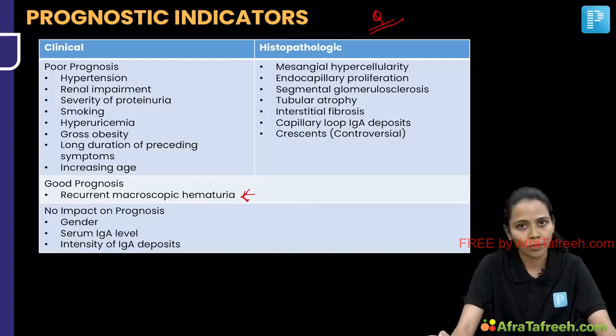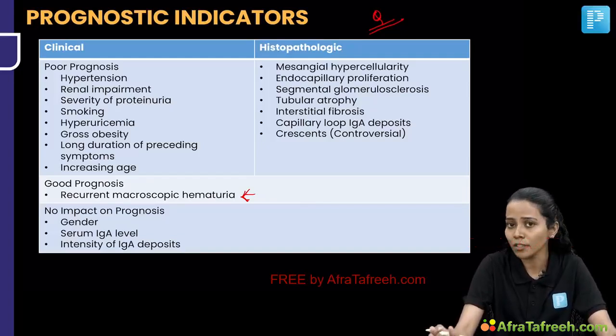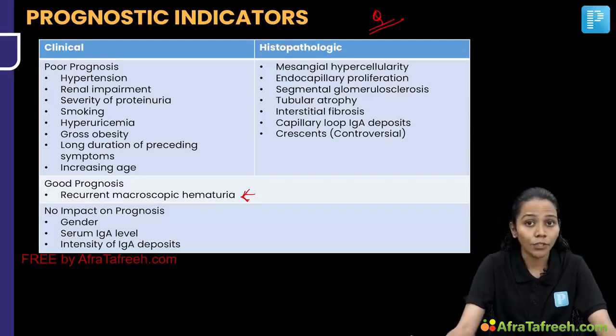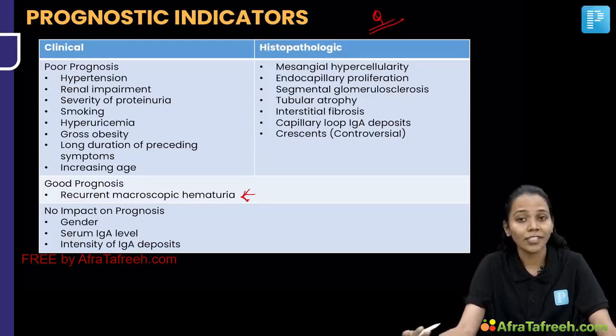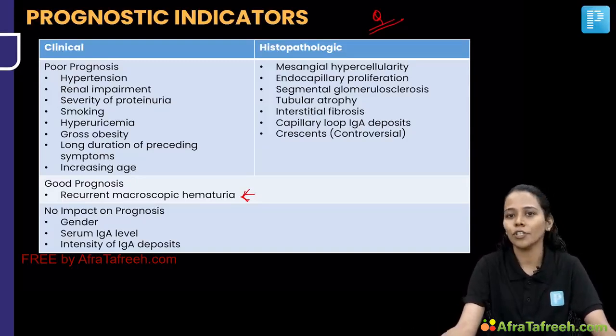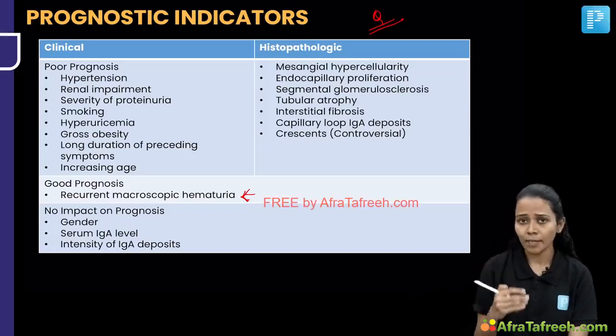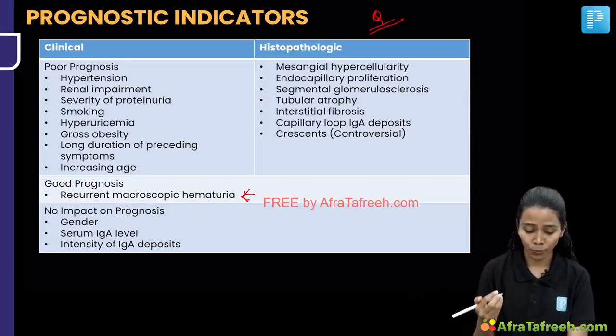It's just because of a simple reason. When there is recurrent macroscopic hematuria, it's going to happen early in the second decade and the patient is going to go to the doctor early. Imagine if something is asymptomatic, no one is going to go and they present in an advanced stage. In this condition, they are going to present early, because of which detection is going to be early, treatment is going to be early, right? So that is why recurrent macroscopic hematuria becomes a good prognosis.